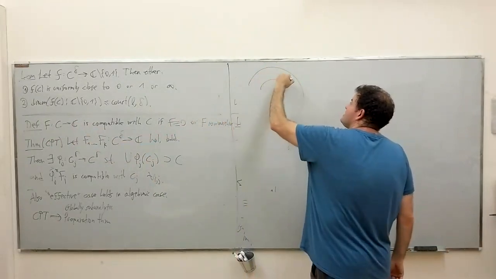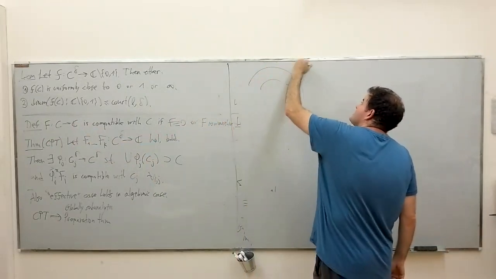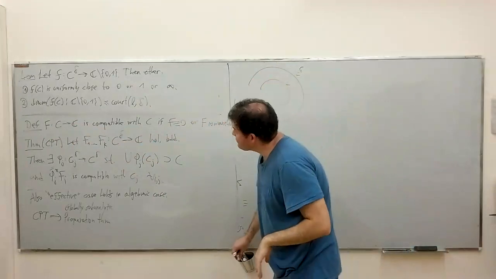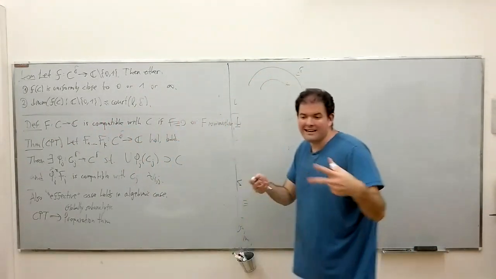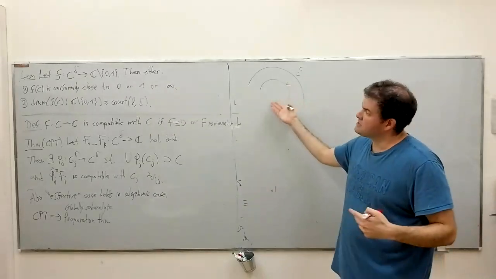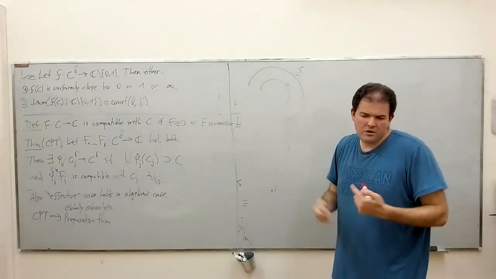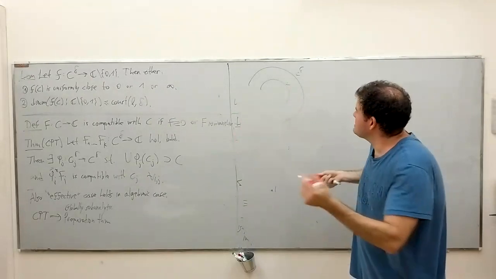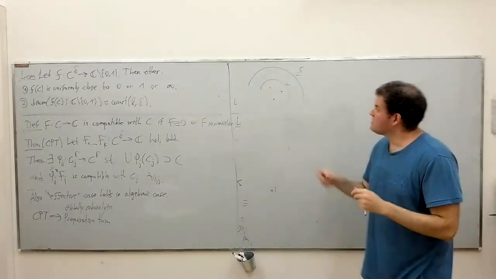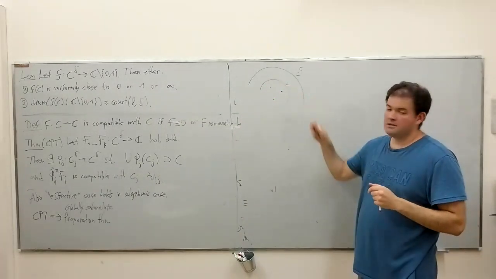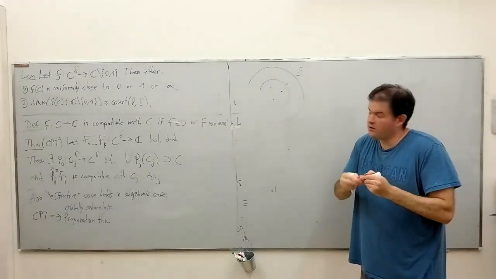So this is C, and this is C delta. And now I have some function on C, and I want to cover the set by something that's compatible with the function. In this case, because it's one-dimensional, basically the function has some zeros, and I'm trying to cover my disk by disks that will be compatible.